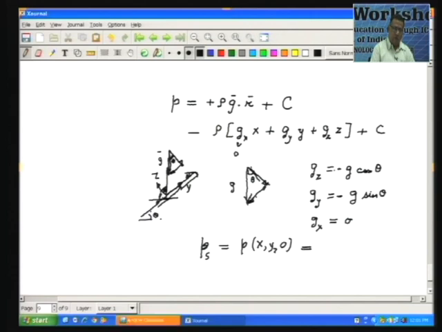So, that is going to be rho g y y plus rho g z z plus c, and now here I have to put z equal to 0. So, that is simply minus rho g sin theta into y. So, y represents inclined distance along this inclined line, and the sin theta is coming because the pressure does not vary linearly with this y, but with the vertical distance, and therefore, that angle is coming in.